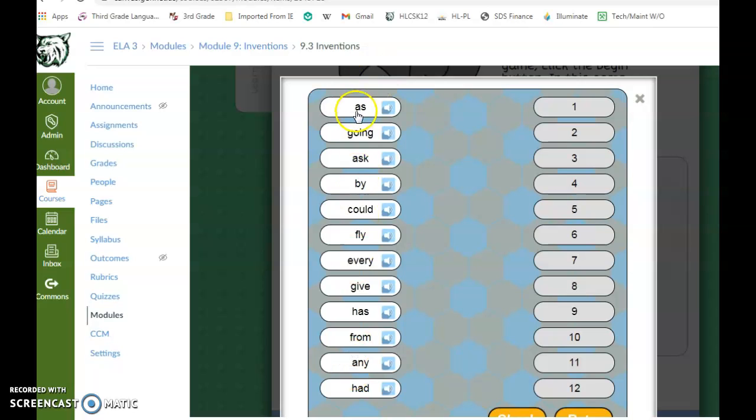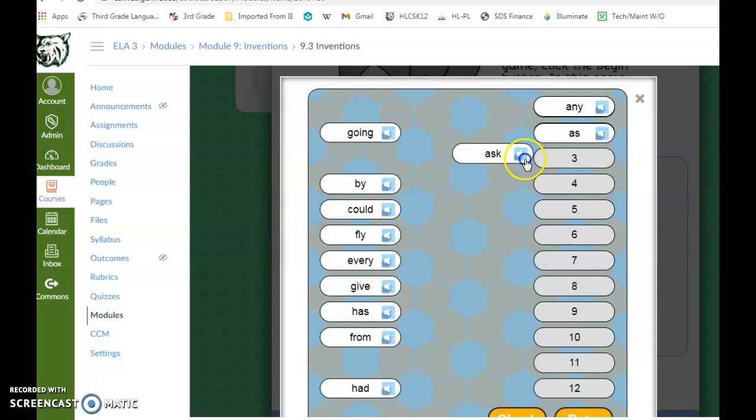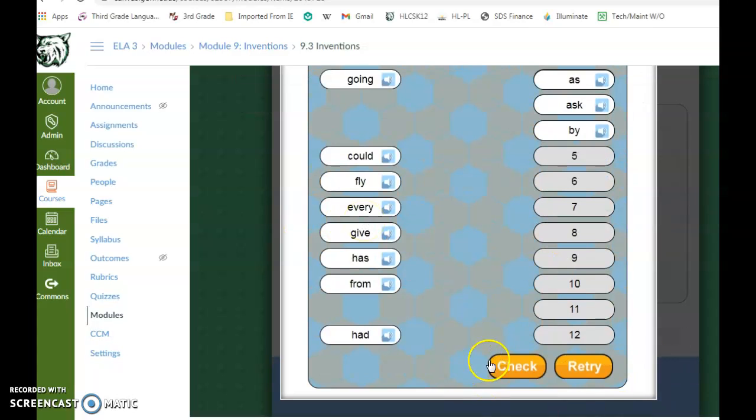So we have an S, S, N. I know N comes before S, so I'd put that there, and then we have as and ask left. So A, B, do we have any B words? Okay, so that is what you would do for that game, and then obviously check it.